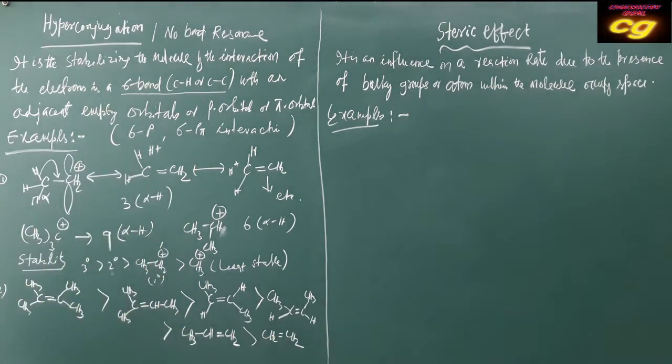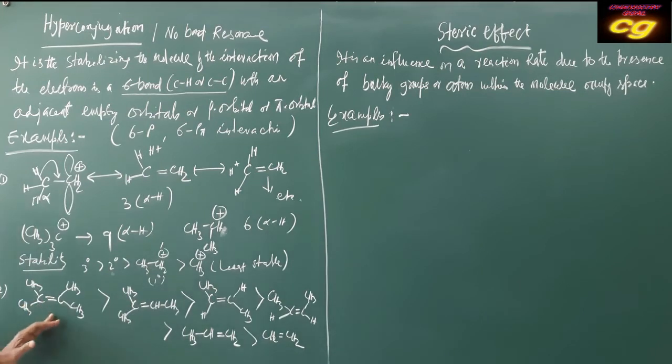Here is the stability order. Why is it more stable? Because if you see, how many does it have?